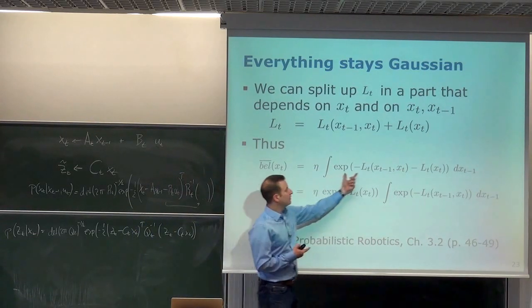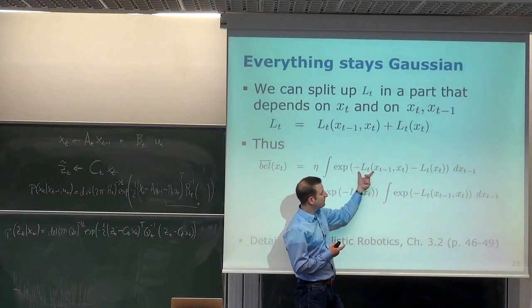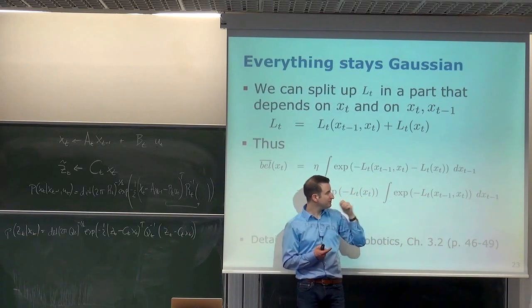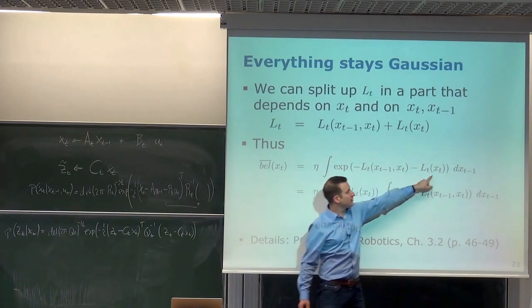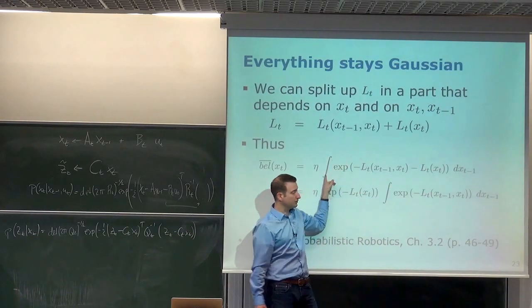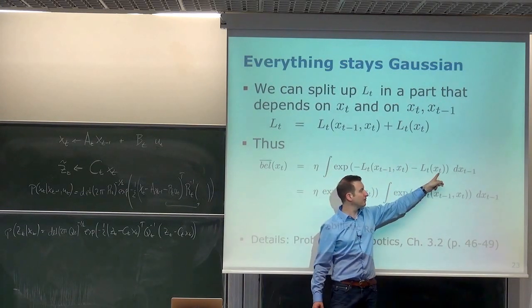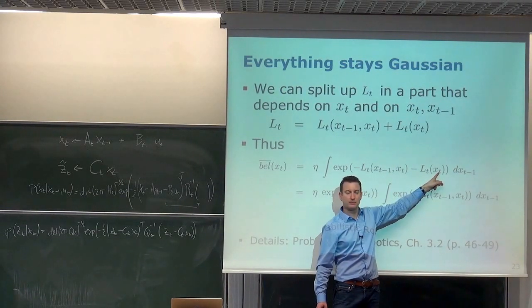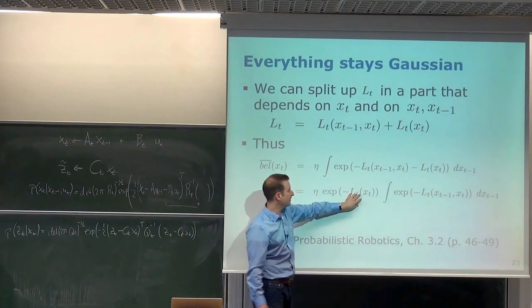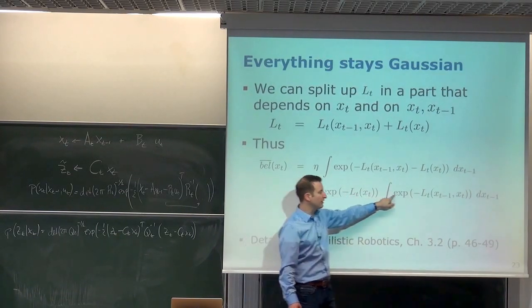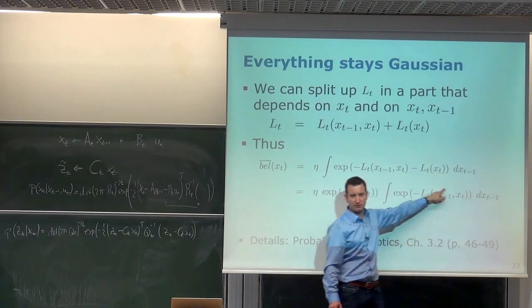So then I simply take the expression I had before and copy these two elements in here. This part now is independent from the integral because it only addresses parts which depend on x_t. So I can move this part out of the integral, move it here, and integrate only over this term over here.